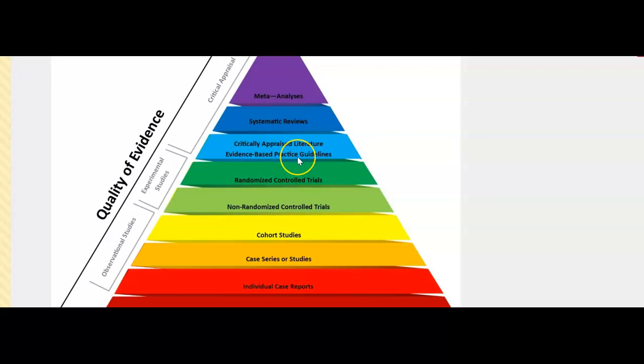And then we look at even evidence-based practice guidelines, which takes these mostly randomized controlled trials, but some non-randomized controlled trials as well. And guidelines are developed based on this research. And systematic reviews, and the top of the pyramid for the hierarchy of evidence is a meta-analysis.